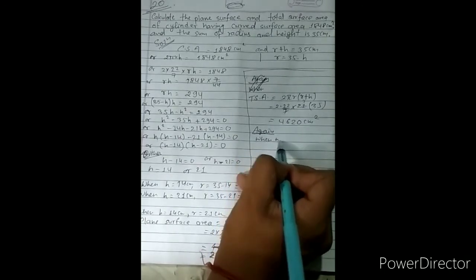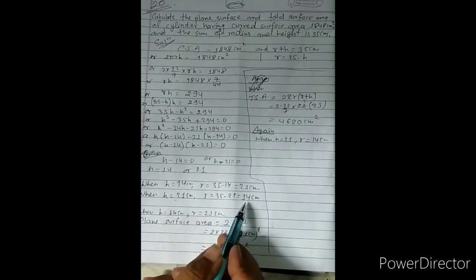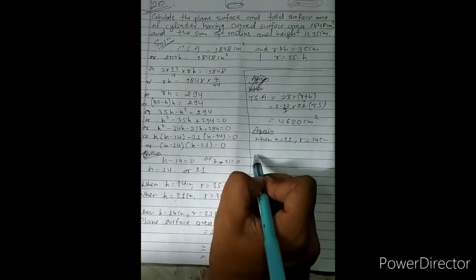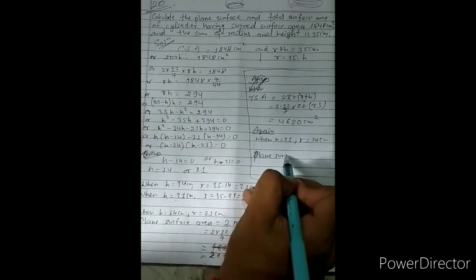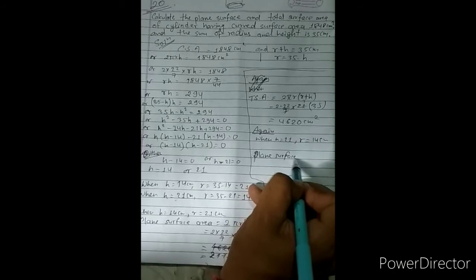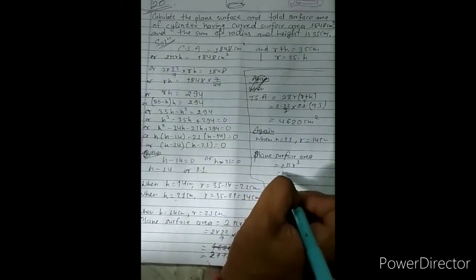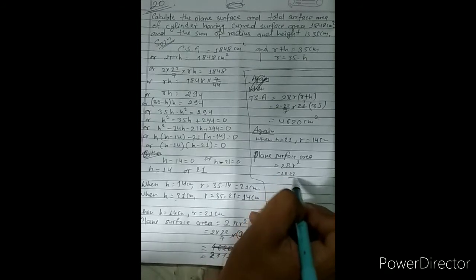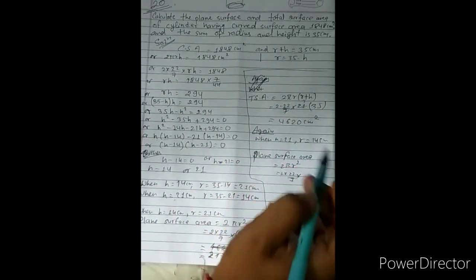Again, when h is equal to 21, r is equal to 14, you can find plane surface area. 2 into 22 by 7 into r, here 14 square.